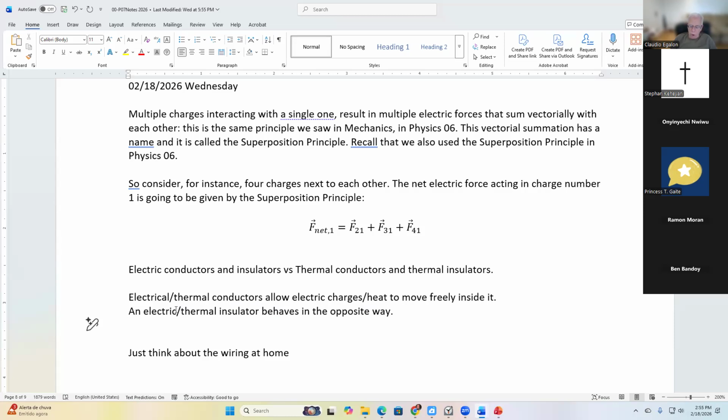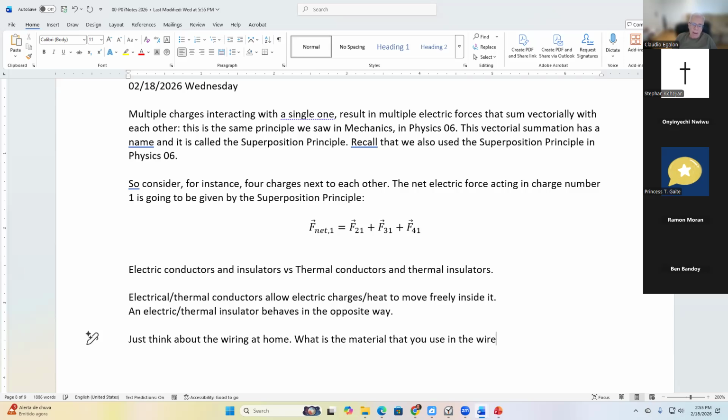Okay, just think about the wiring at home. What is the core material that you use in the wire? I'm being very specific here.